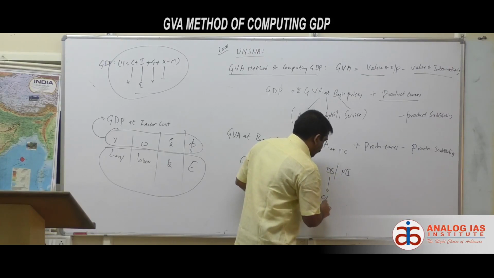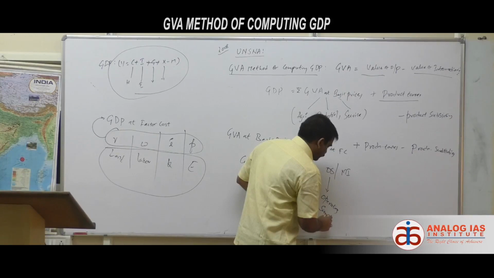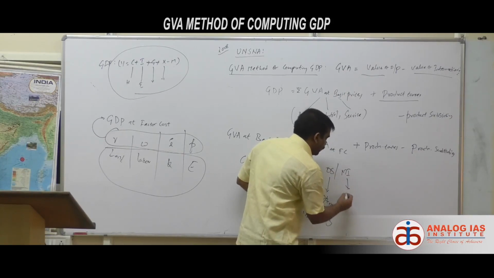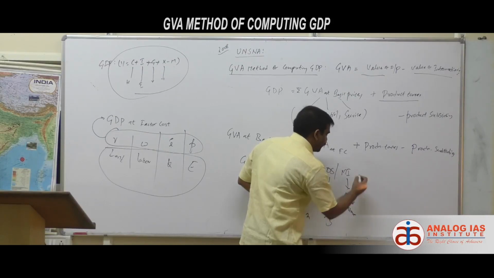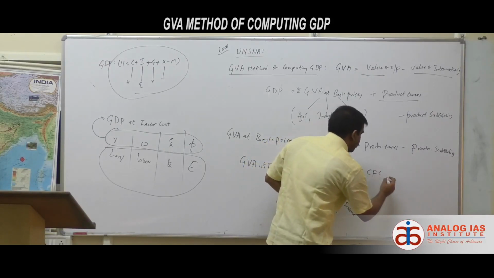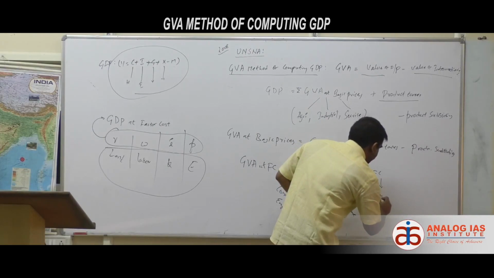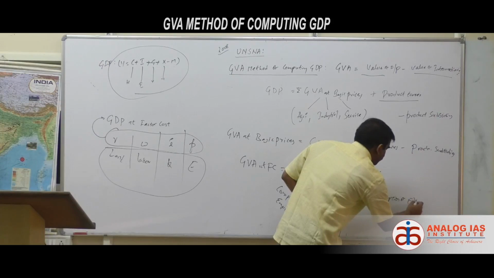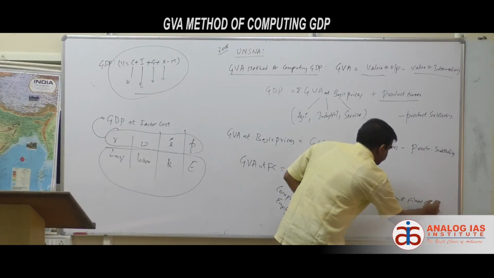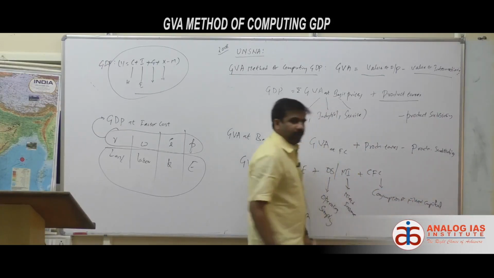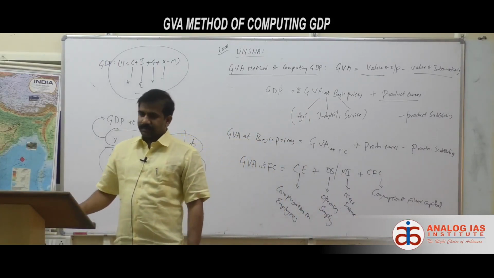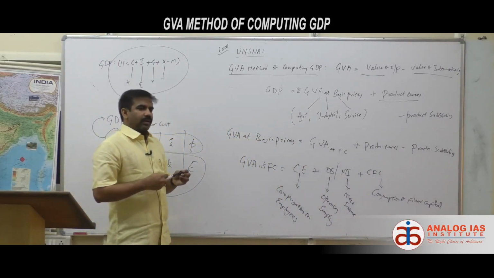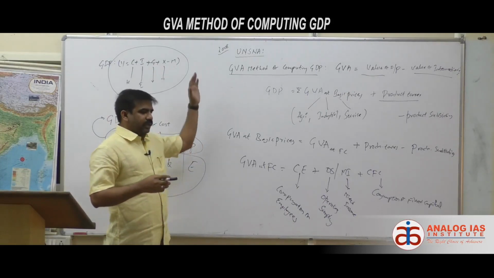OS stands for operating surplus and MI stands for mixed income, plus CFC, which stands for consumption of fixed capital. Following? So you just make a note of it.